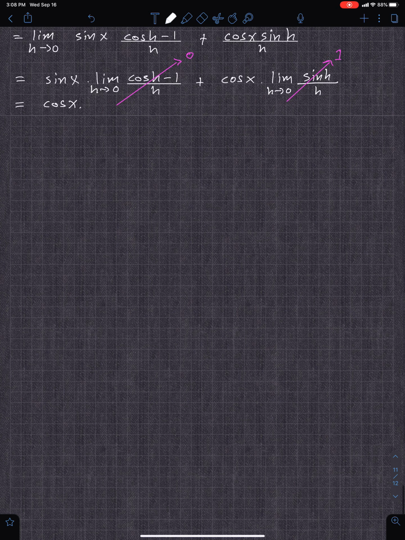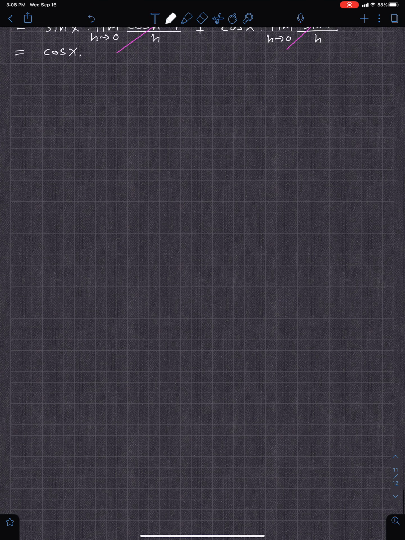Okay. So the next thing I want to take a look at is higher order derivatives, like basically the notation for higher order derivatives.